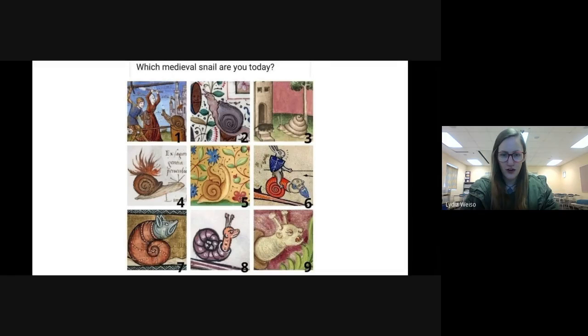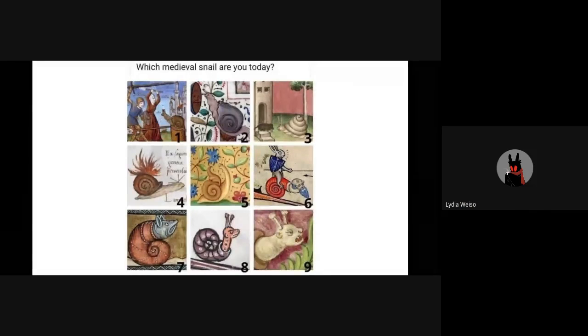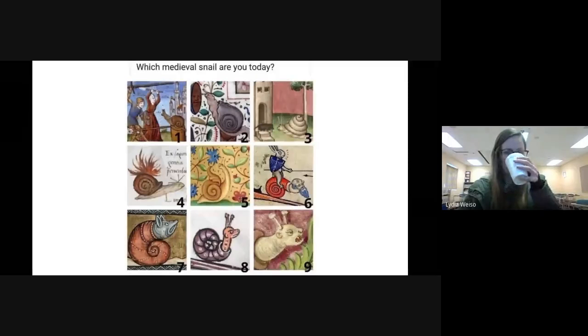Iris is a 4. Keely says 5. Matthew's at a 3. Hanging out with your little rat bro. Emily says number 2. Eden also at a 2. Yeah, 2.